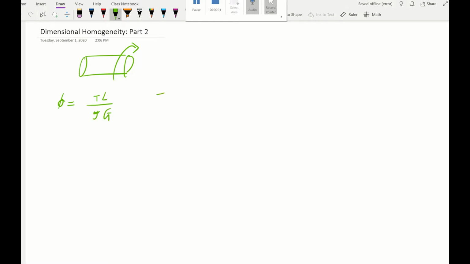And over here, T is the torque, given the unit Newton meter. They also give us L, the length, so it's going to have a unit of meter. Then J is called the polar moment of inertia, and for this particular problem we don't know what the unit is.